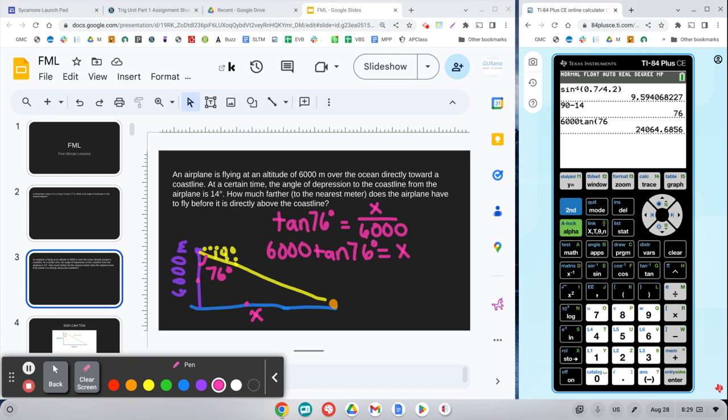And you get that x is 24,065 meters. So yes, the problem was a little longer, a few more words, but it was the same problem that you've been doing for the past couple of days.